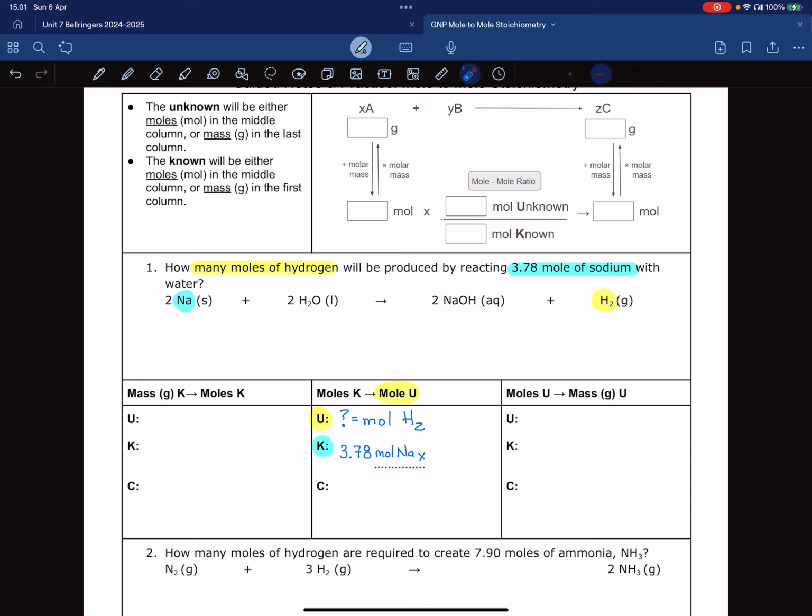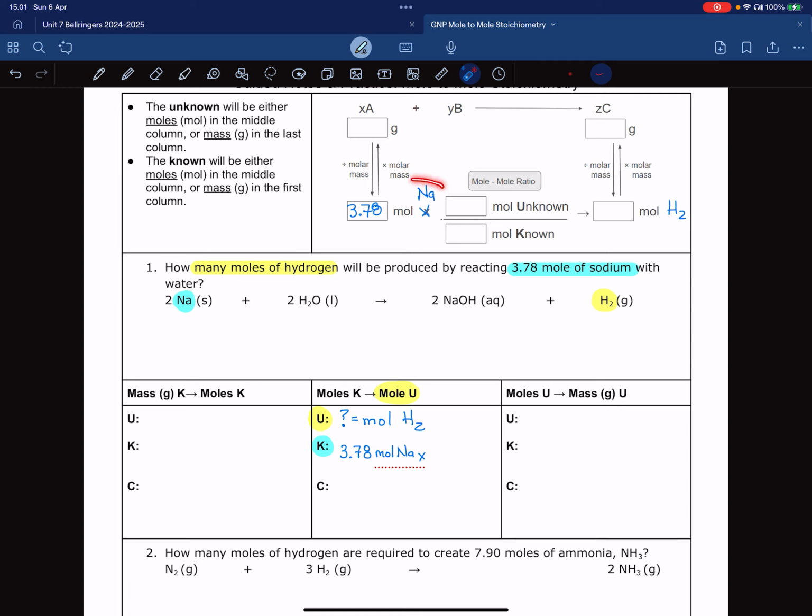If we want to use the scaffold up above, then our known is 3.78 moles of sodium, and our unknown is moles of hydrogen.